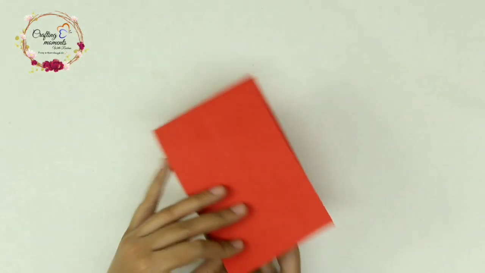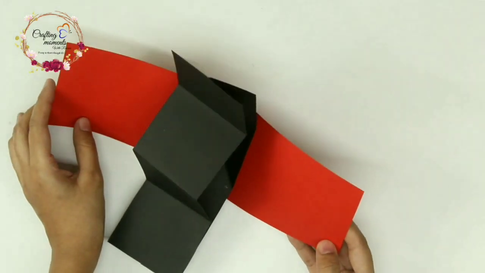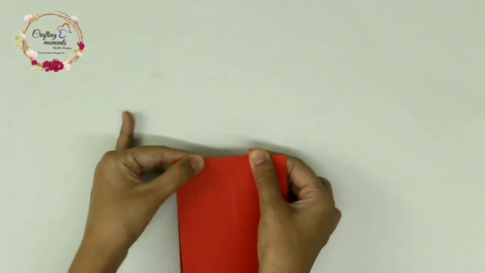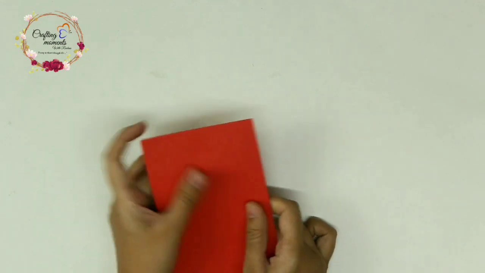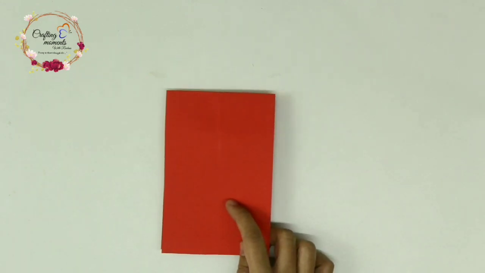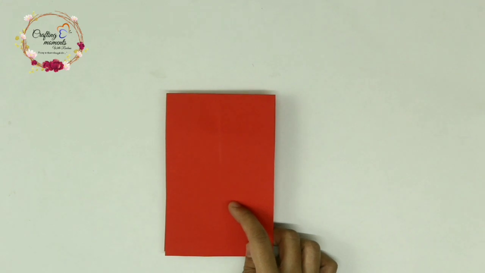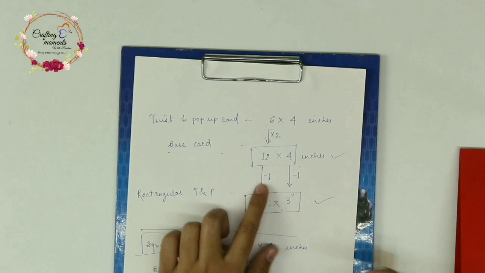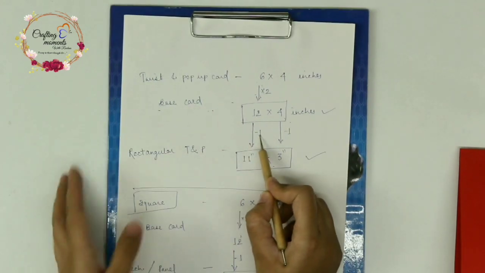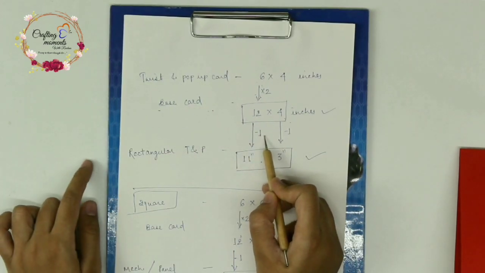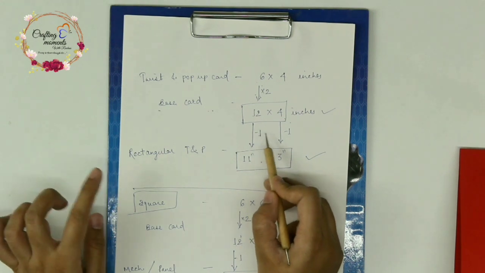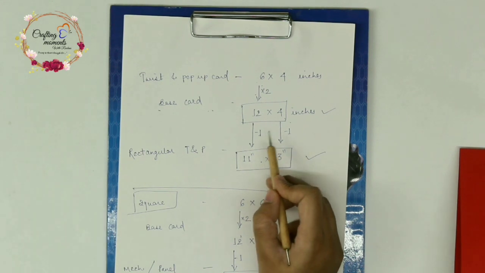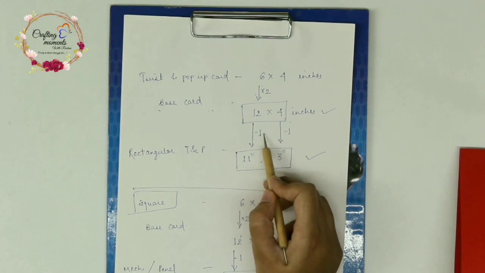So in this way you can easily make the pop-up card of any size by using that simple rule of subtraction. So in case if you are working in centimeter, then instead of subtracting 1 inch, in place of 1 inch you can take, as 1 inch is equal to 2.54 centimeters, 3 centimeter for the ease of measurement.